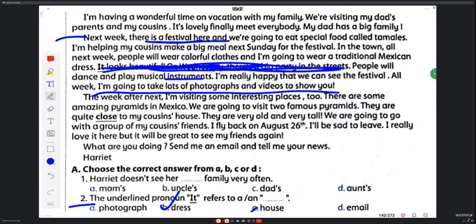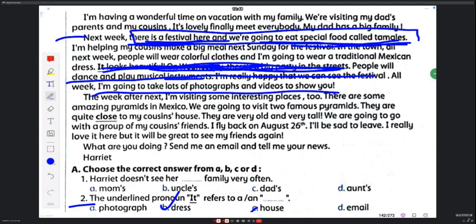It's a festival in a way. I am really happy that we can see. Okay, all these are details. I need the main idea. The main idea here is a festival. We are going to eat food called tamales. These are two ideas.